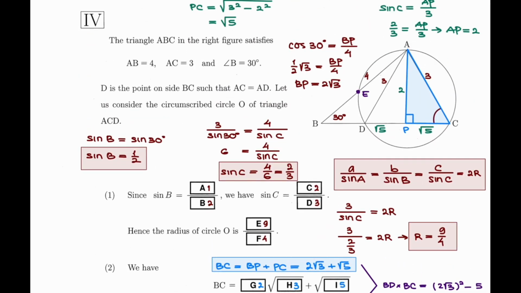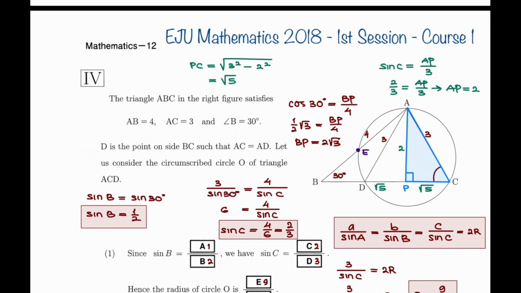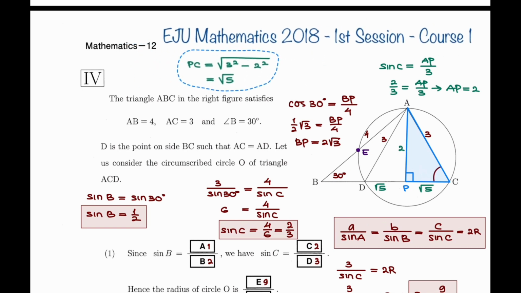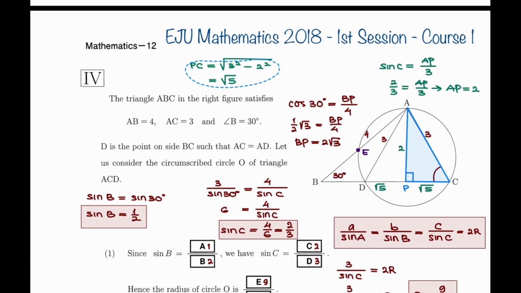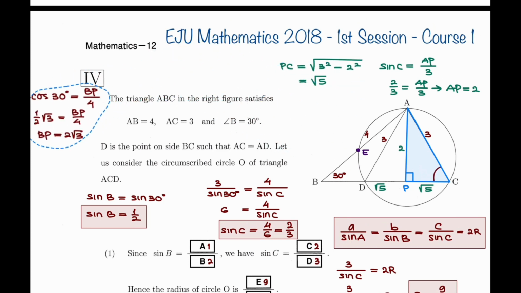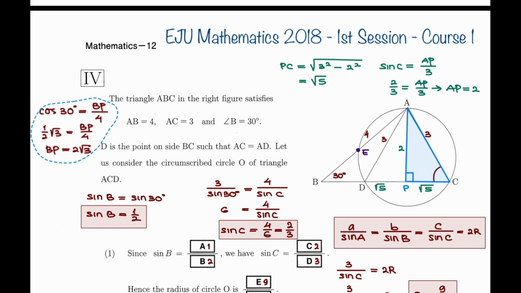Let's go back to this triangle. I think I will adjust my working a little bit, so I have more space. I think something like this. And then I need to erase this one.